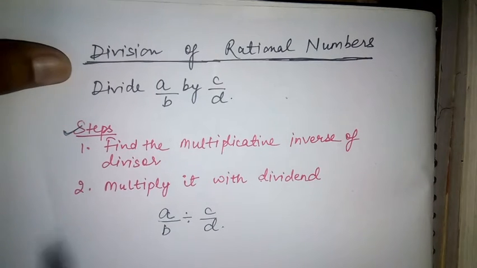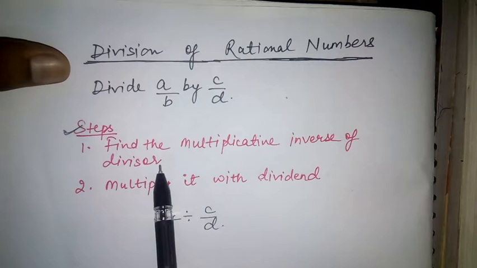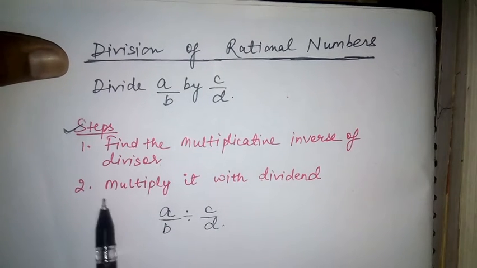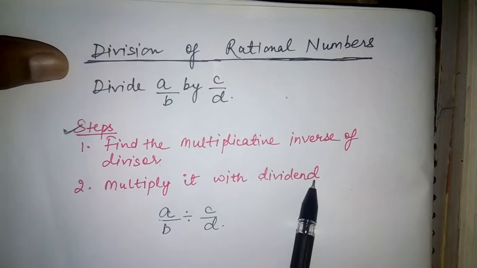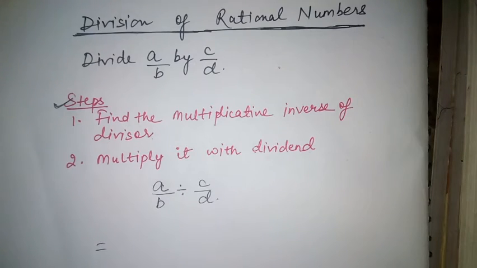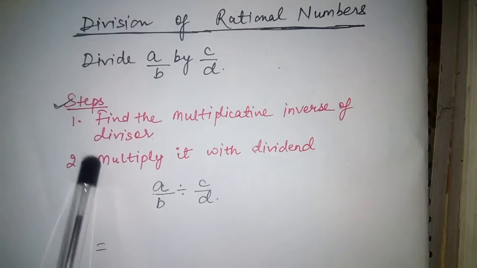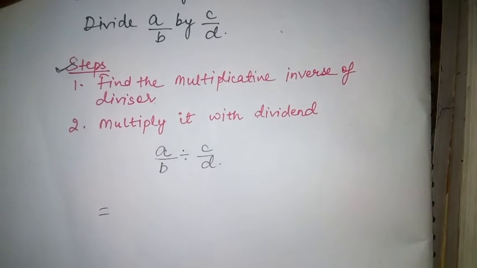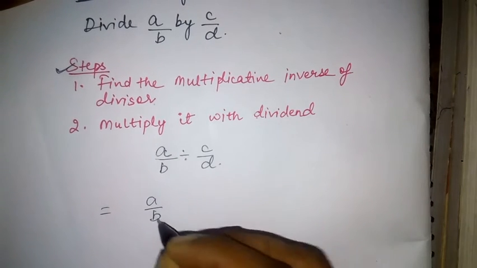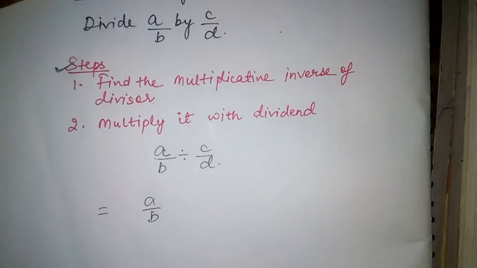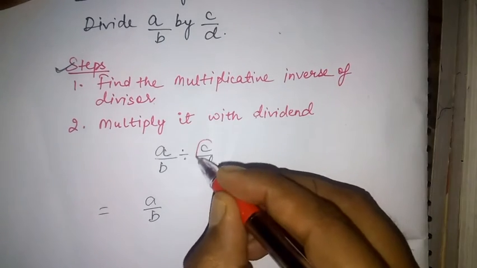First of all, you have to find the multiplicative inverse of divisor, and after finding the multiplicative inverse, multiply it with the dividend. Okay, so let's apply above written steps in this problem. Here a by b is our dividend. We have to find the multiplicative inverse of c by d.